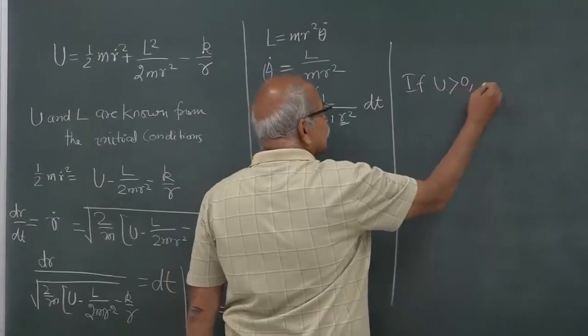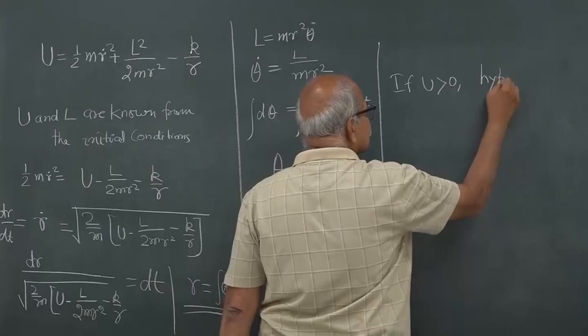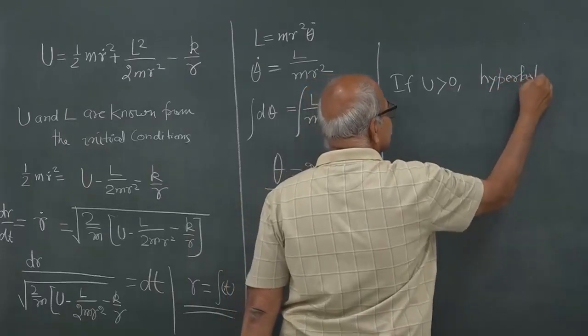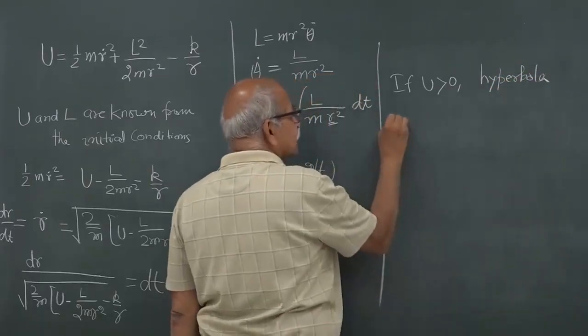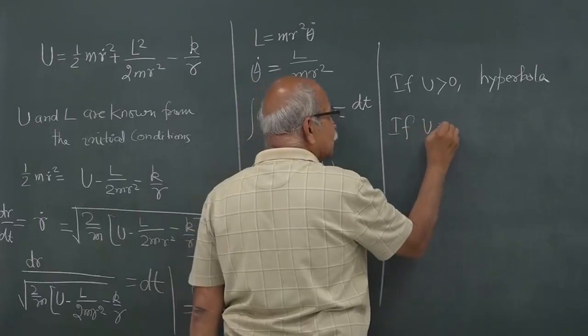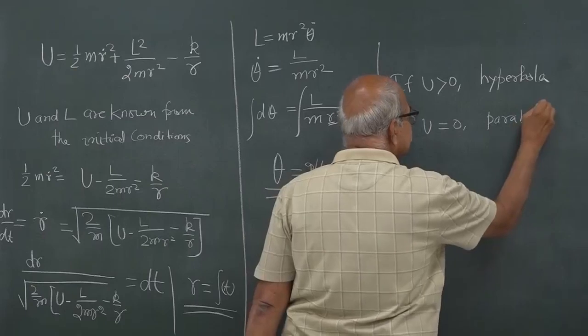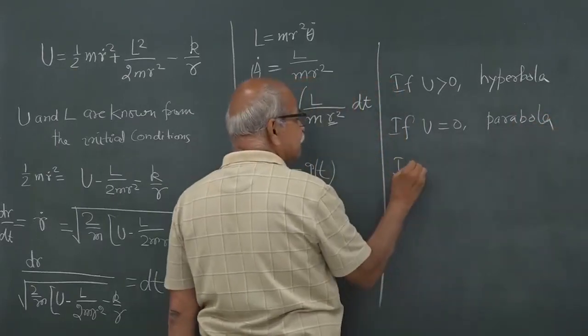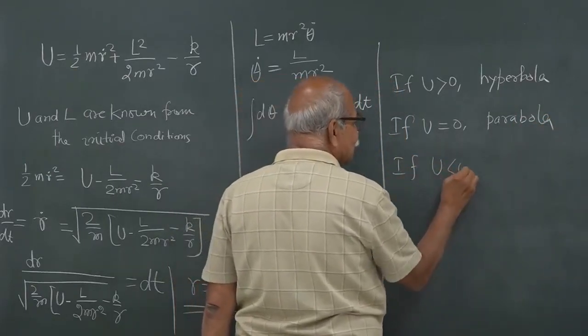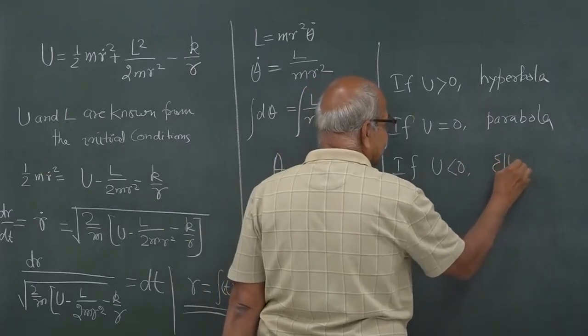positive, it is a hyperbola. If U is equal to 0, it is a parabola, and if U is less than 0, it is an ellipse. Finish.